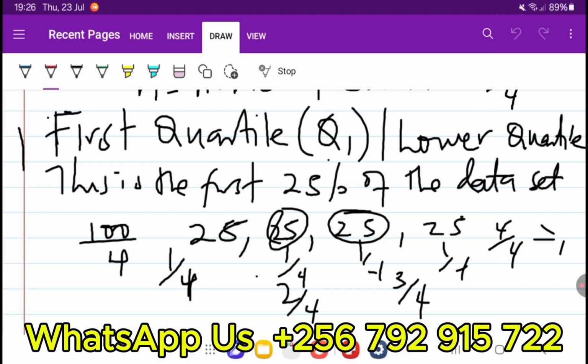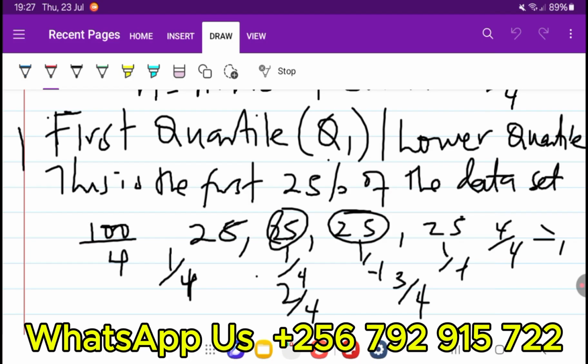So it is the first 25% of the data set. So at most 25% of the data set is actually smaller than the first quartile. So it divides the lower half of the data set into half.